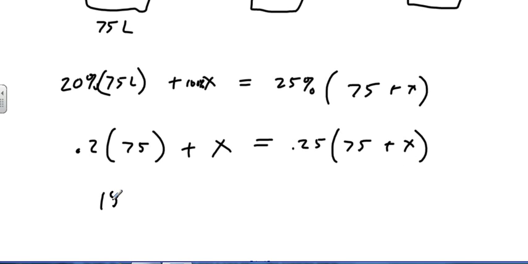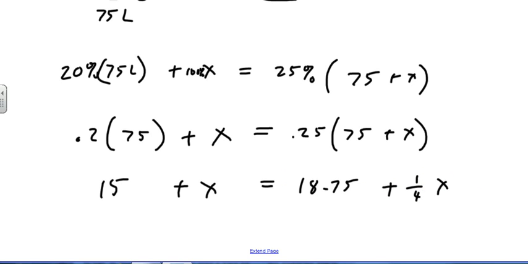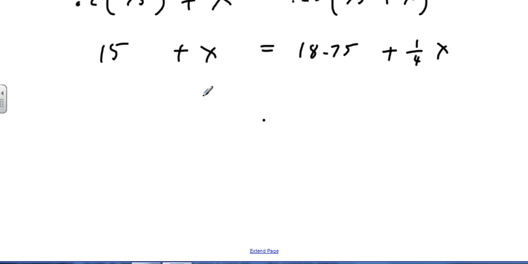So I got 15 plus X is equal to 75 times 0.25, which is 18.75 plus 1/4 X. So 1/4 X goes on the other side, and I've got 3/4 X is equal to, the 15 goes on the other side, 3.75.